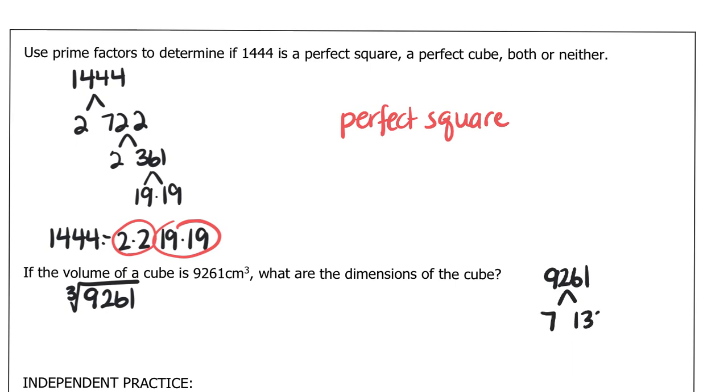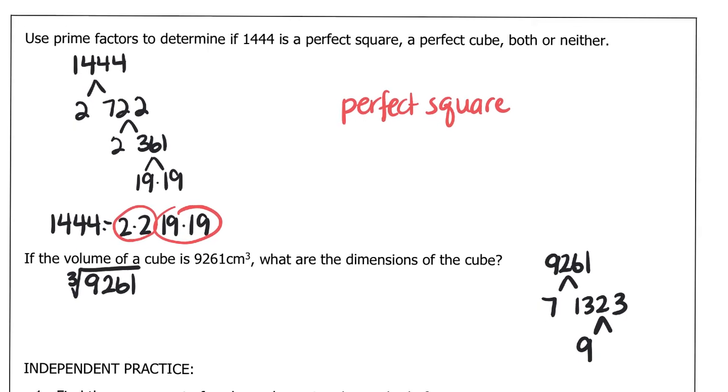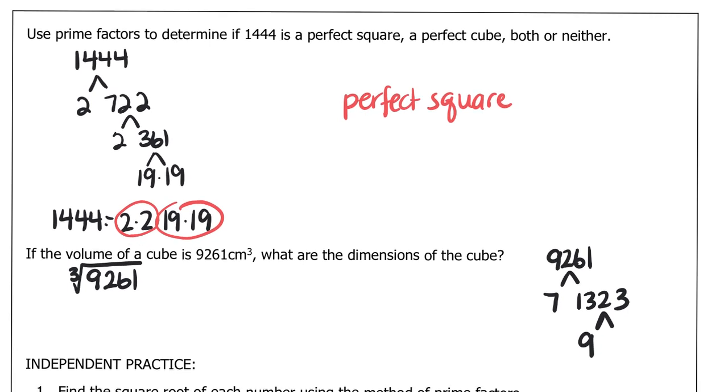7 gets me 1323. And 1323 can be divided by 9, and that gives me 147. 9 can break down to 3 and 3. And 147 divides by 3, 3 times 49, which gives me 7 and 7.